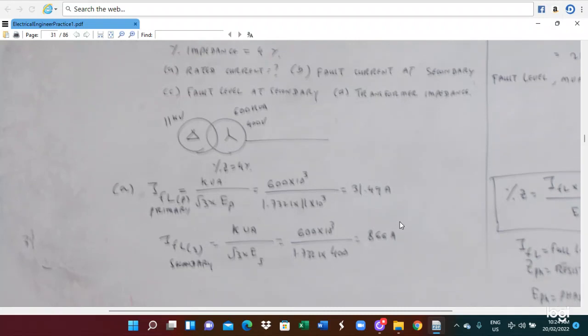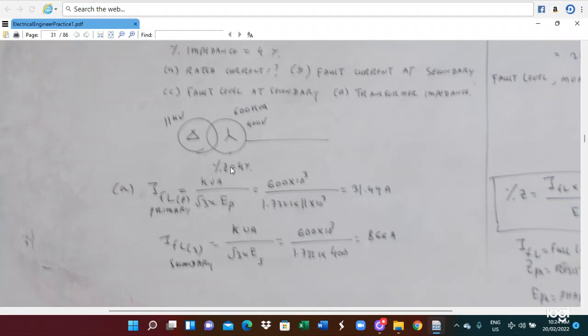So we draw the circuit diagram here. The primary is a delta connection, the secondary is a star connection. 11 kV is the input, and 400 volt is the secondary.